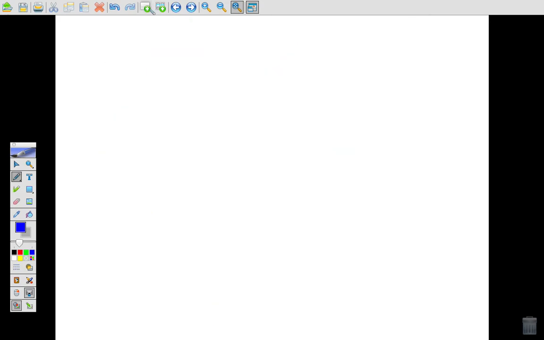Now really it's the same process with volume. So let's write this example down. We're going to change 2 meters cubed to centimeters cubed. It's the same process.